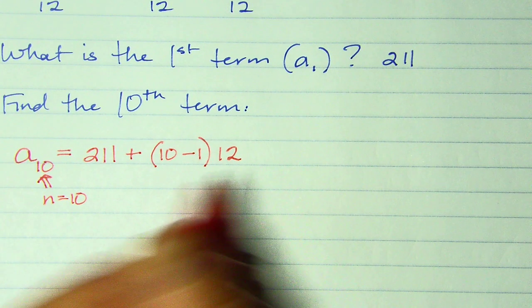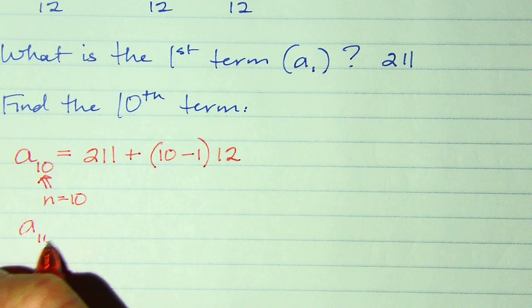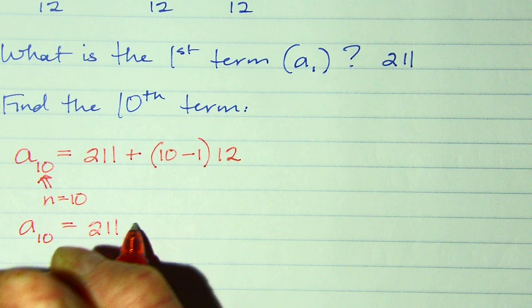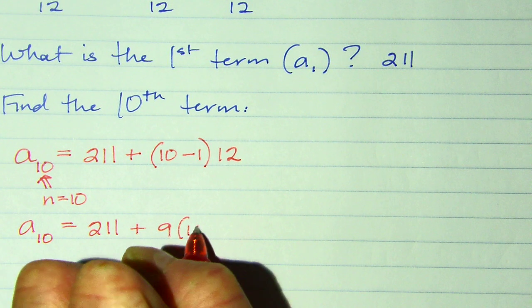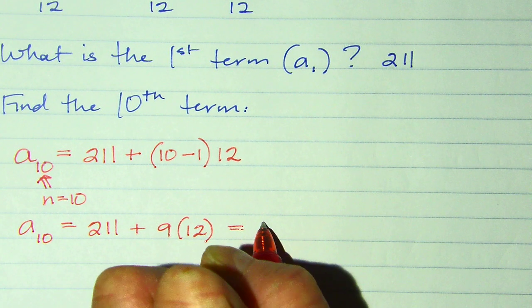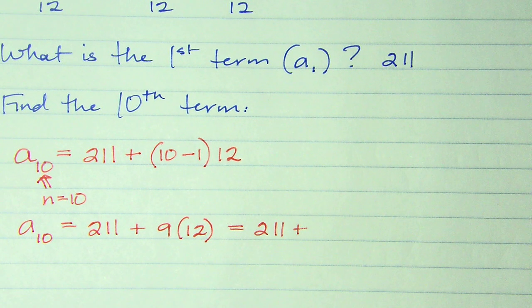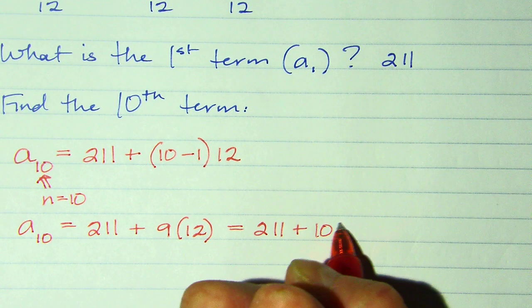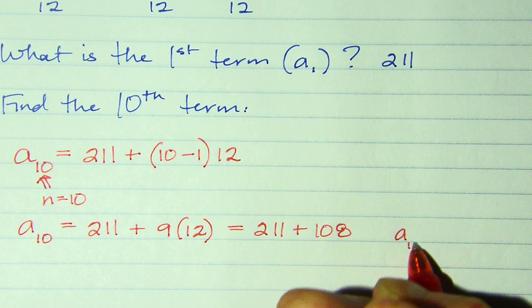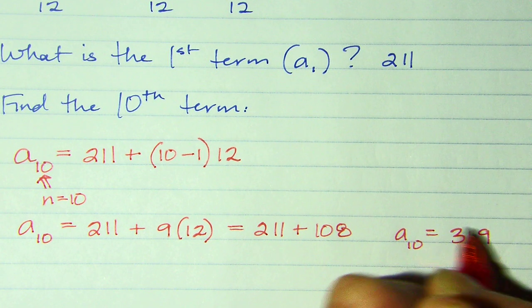I have A10 equals 211 plus 9 times 12. 9 times 12 should be 108. So A10 is 319.